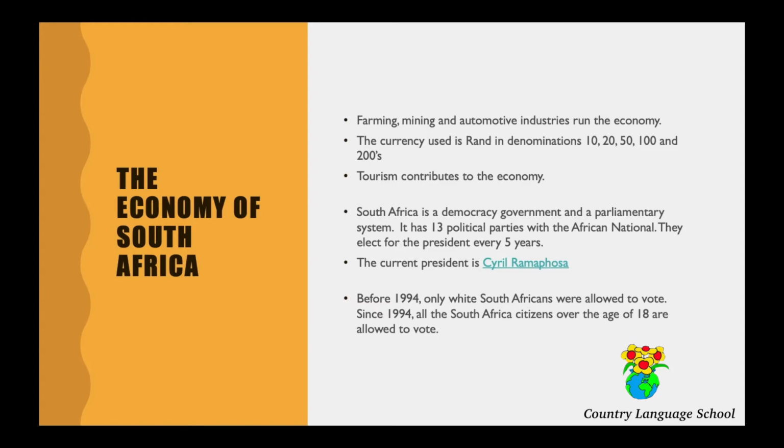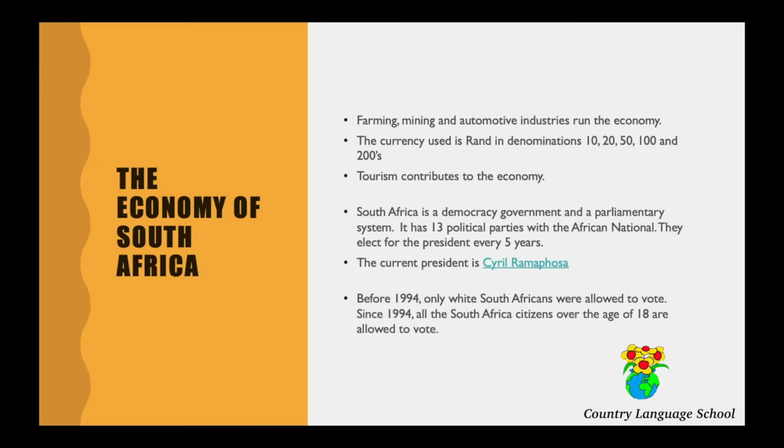South Africa is a democratic country with a parliamentary system, as it has 13 political parties, with the African National Congress. They elect their president every 5 years. Before 1994, only white South Africans were allowed to vote.